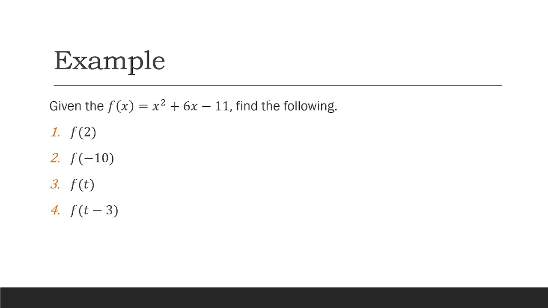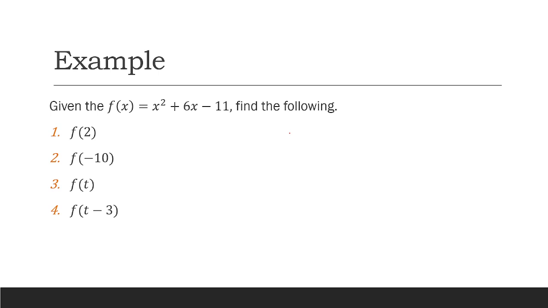For number 1, we are asked to get f of 2. So f of 2 will just be equal to this function, and we replace all x with 2. For this one, we won't write it all out, we'll just do it mentally because it's easy.